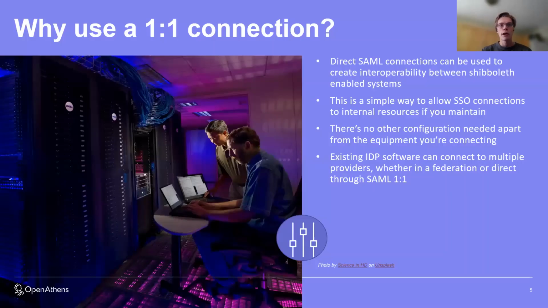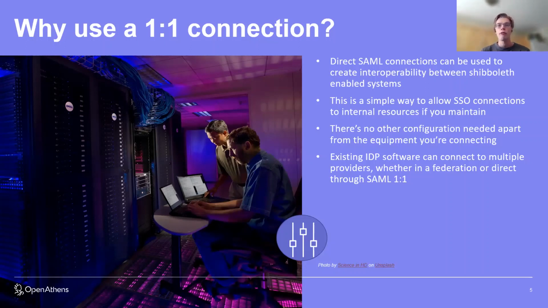Very quickly, where would you use a one-to-one connection? A direct SAML connection is a very flexible way of creating interoperability between Shibboleth-enabled systems. If you already operate an IDP version of Shibboleth, which OpenAthens is an IDP software, as well as Shibboleth SP software, and as well as Shibboleth SP, there's also OpenAthens SP and Keystone, you can use these to make a direct connection to another system instead of going through a federation.